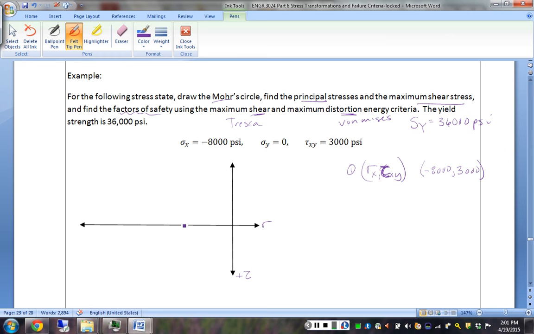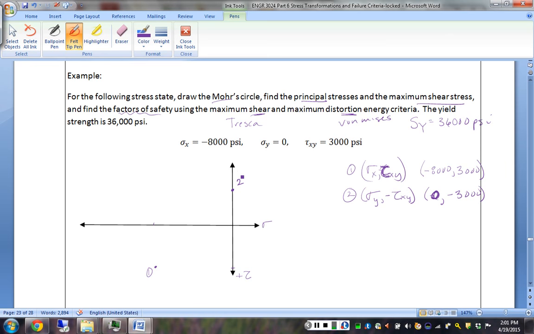We'll call that roughly there. We plot our second point, which is sigma y, and the negative shear. So that is 0 and minus 3,000, and we'll call that approximately here.